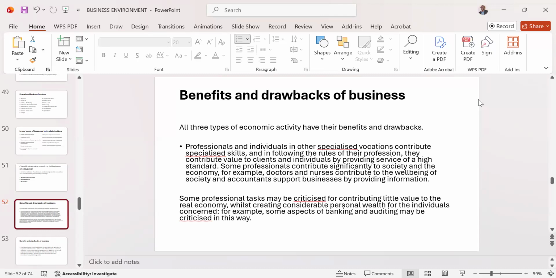Compared to communities where you don't have doctors, especially recently, when doctors are traveling outside the country and those who are available are moving from rural to urban areas, such that those in the rural areas are neglected. So those are part of the disadvantages of professionals not being present in some areas or communities.